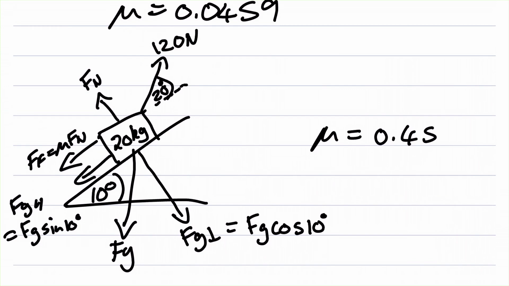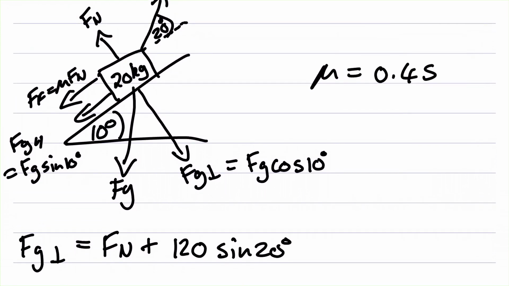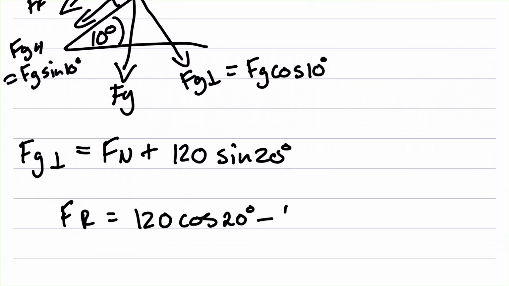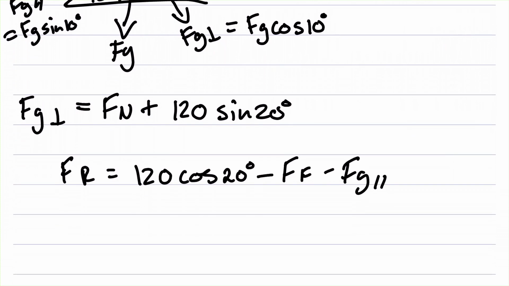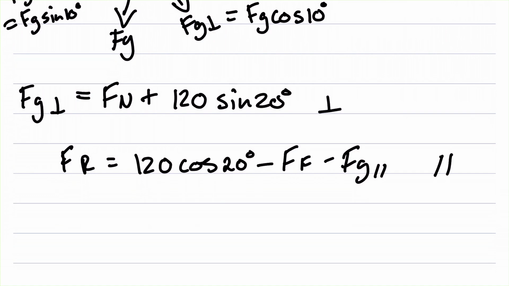That would be 120 cos 20 degrees. So my resultant would be 120 cos 20 degrees minus the other forces, that's frictional force minus Fg parallel. So that's our two equations: one in the perpendicular direction and one in the parallel direction, along the slope.